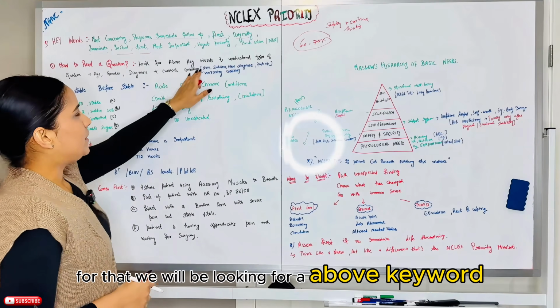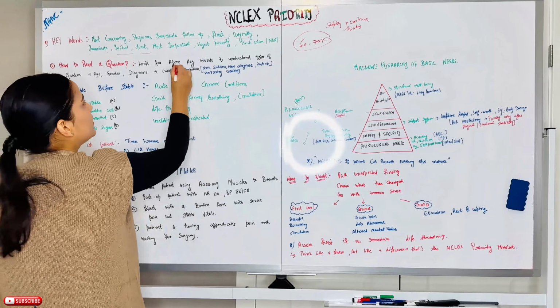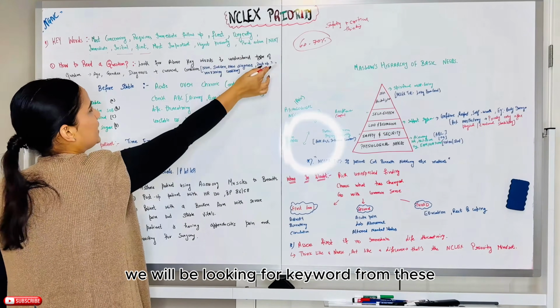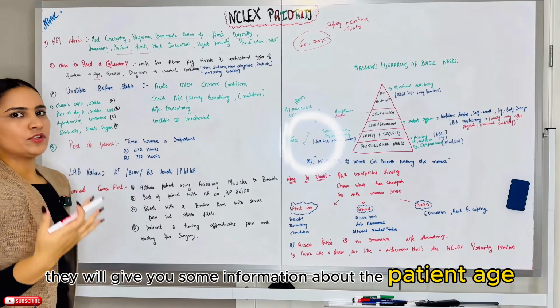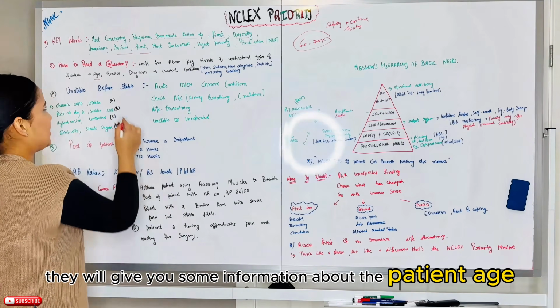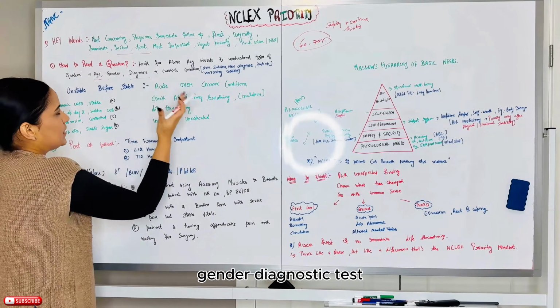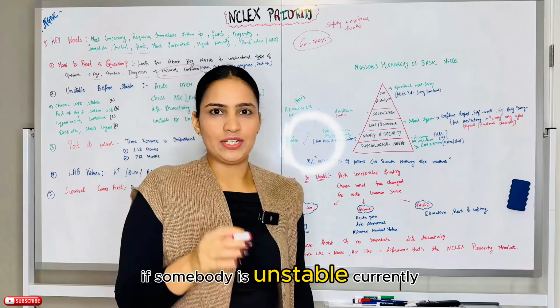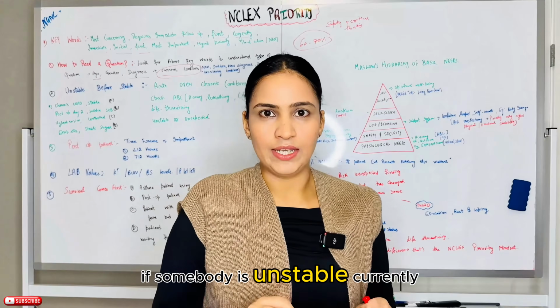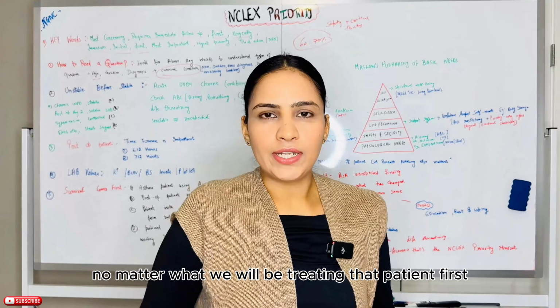For that, we will be looking for a verb keyword to understand the type of question, because in the question they will give you some information about the patient: age, gender, diagnostic test, current condition. The most important thing is the current condition. If somebody is currently unstable, no matter what, we will treat that patient first.